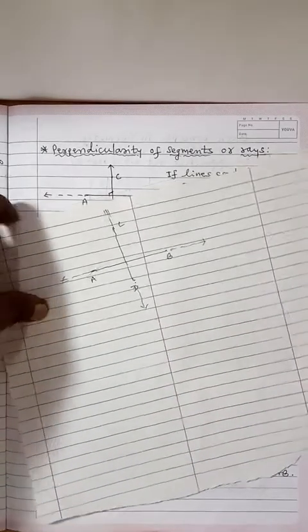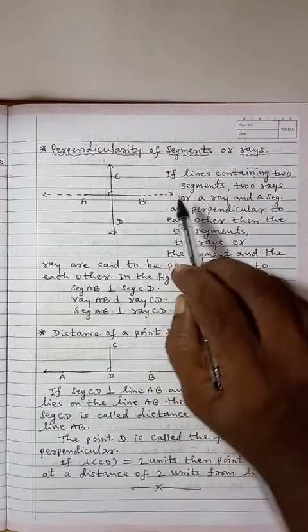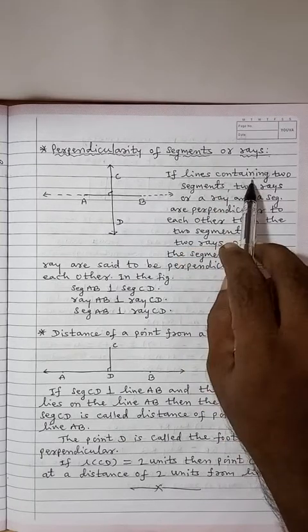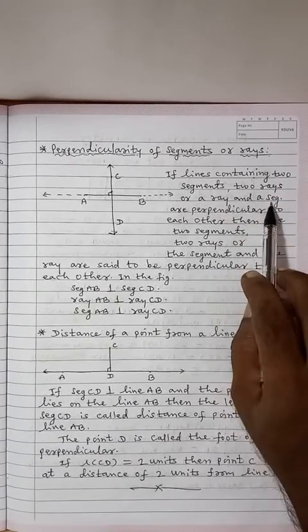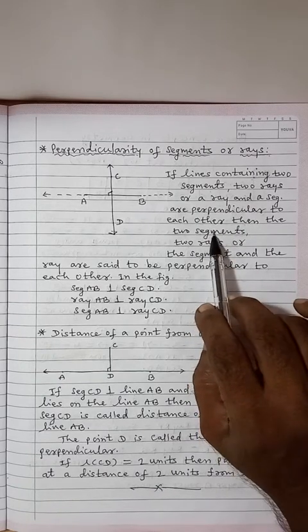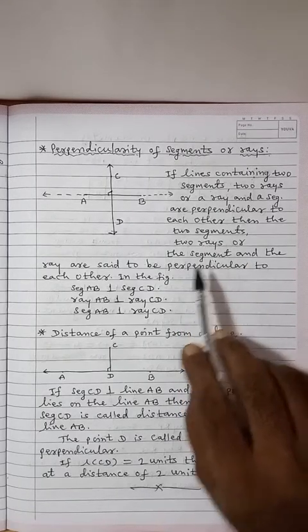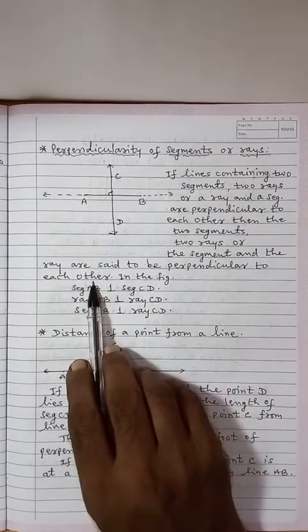Similarly, a segment and a ray are said to be perpendicular to each other if the lines containing them are perpendicular to each other. So see here, if lines containing two segments, two rays or a ray and a segment are perpendicular to each other, then the two segments or two rays or the segment and the ray are said to be perpendicular to each other.